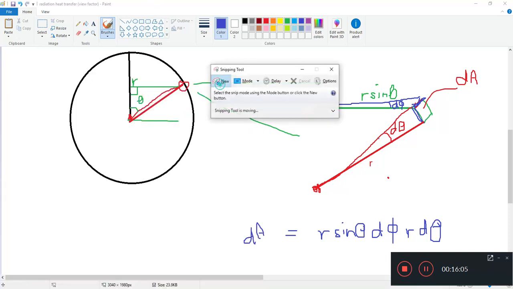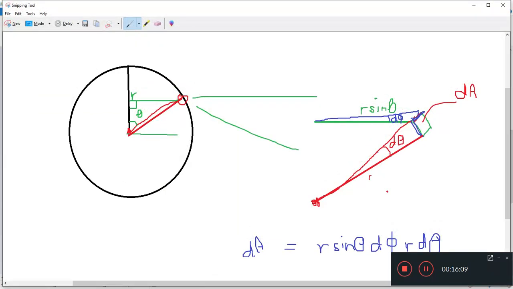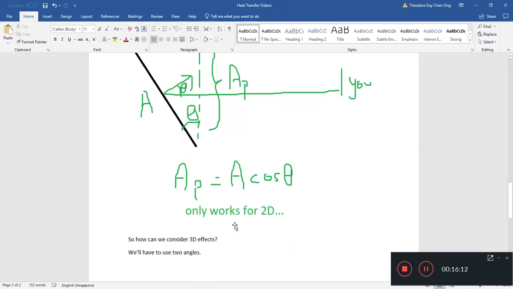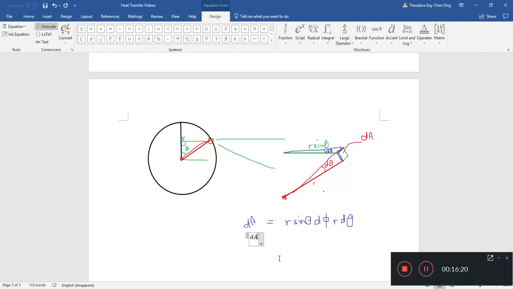I'm going to bring this whole thing down into the Word document. So we have our two angles being described there already. We have this small little area dA equals r sine theta d phi, and then the other one is just r d theta.